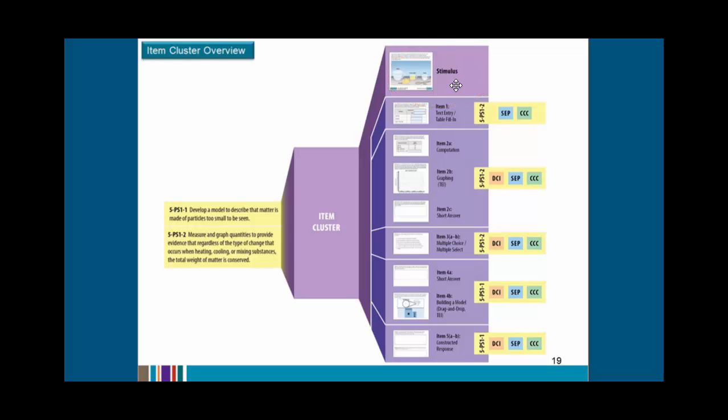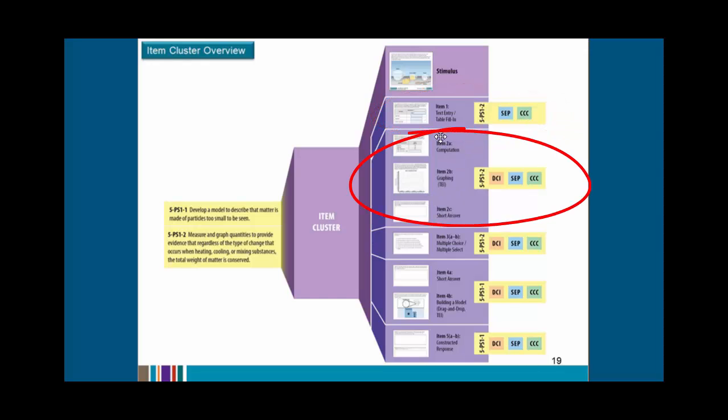Once they get past the stimulus, then each of those items that are linked to that one stimulus will be testing based on this stimulus. So for instance, item number 1, I believe this one particular one is a drop-down set of menus to fill in blanks with words, and it is testing 2 of the 3 dimensions, the science and engineering practices, and the cross-cutting concept that is linked with that particular performance expectation.